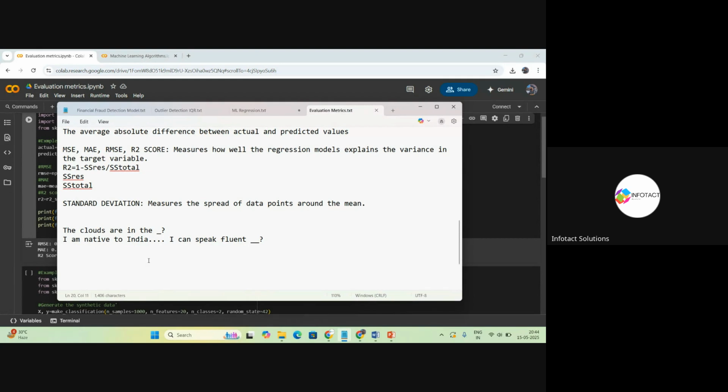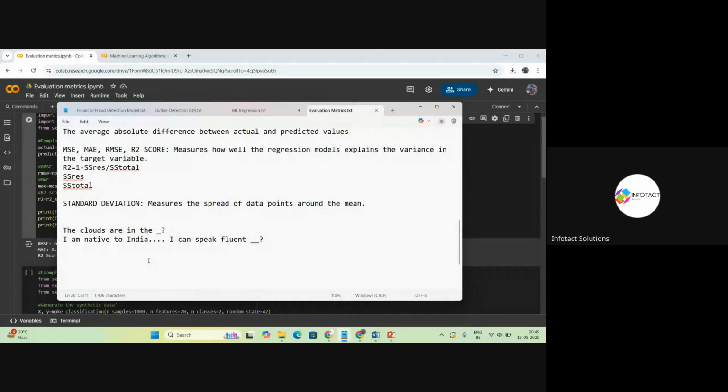The R2 score, when the value ranges from 0 to 1, higher is better, and an R2 close to 1 is better. If the R2 score is less than 0, the model performs worse.